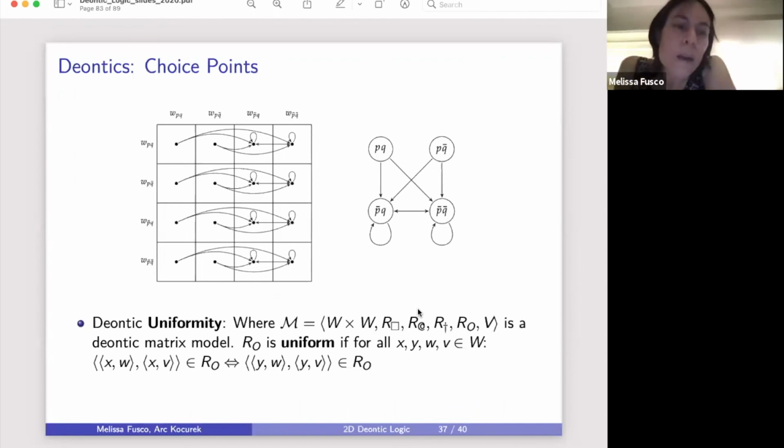Another principle worth considering is what we can call deontic uniformity. R is going to be uniform just in case, if you have X, Y, V, W, and if X, W and X, V are related via the deontic accessibility relation, then Y, W and Y, V are related.